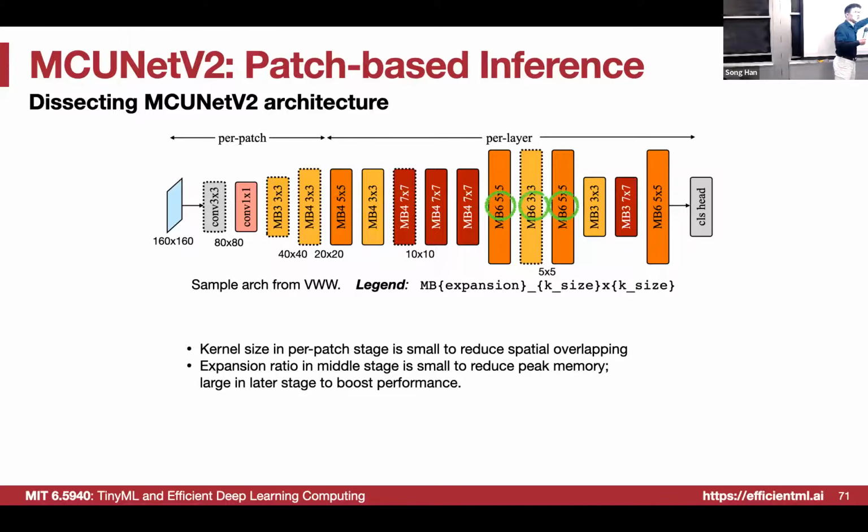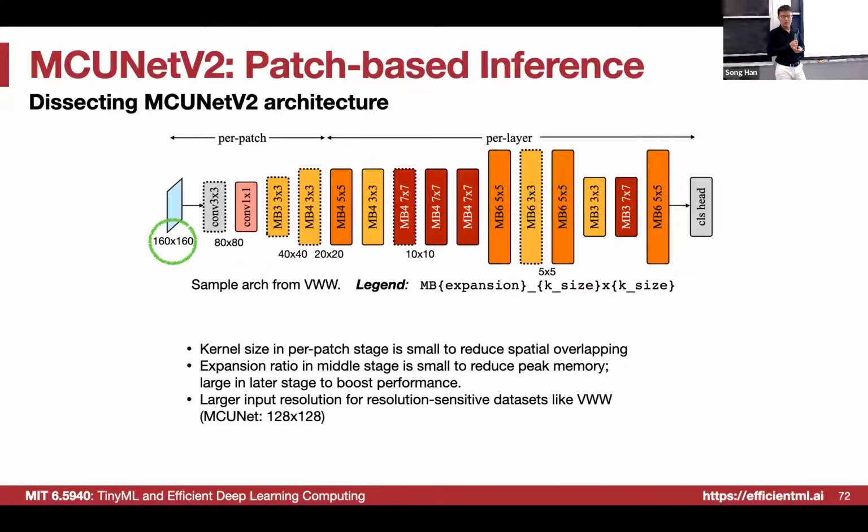Until you go to the late stage where the resolution is pretty low, then you can have a wider neural network with lower resolution. And then we put larger input resolution compared with prior work so that we can detect smaller people, smaller objects, like using even 160, whereas the previous generation was only using 128.